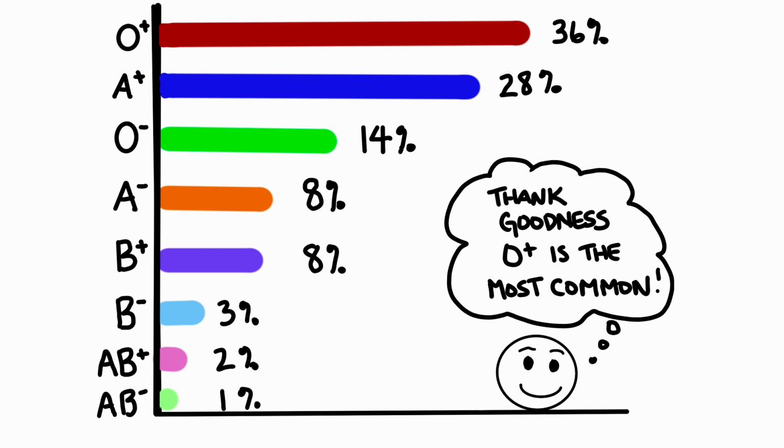As it turns out, it is very lucky that type O can be given to almost every person because it is the most common blood type. AB, on the other hand, is very uncommon. So it's also very lucky that they can take blood from almost any blood type.